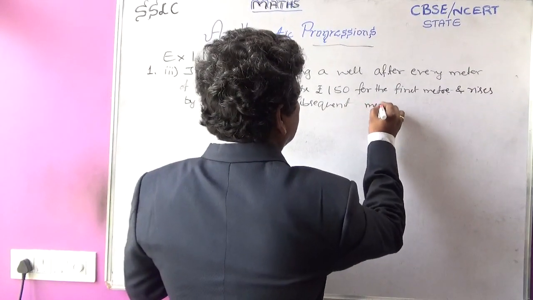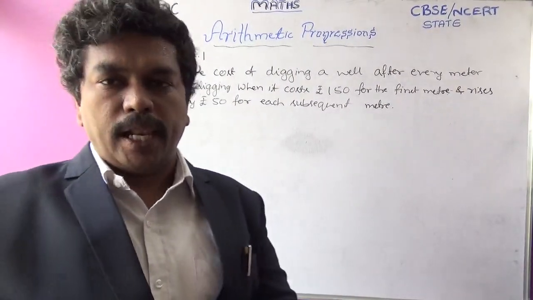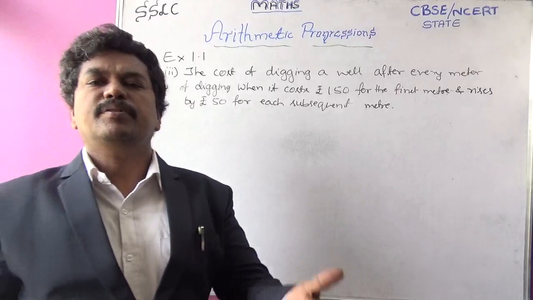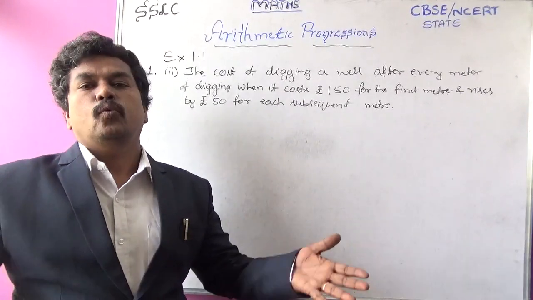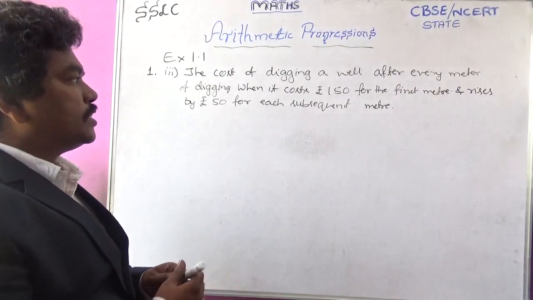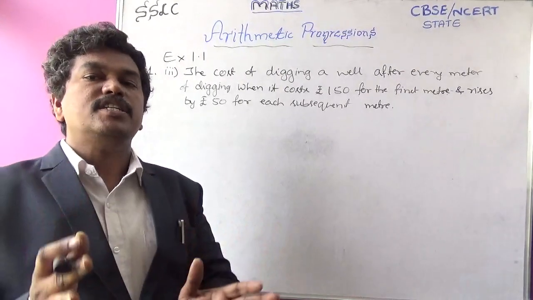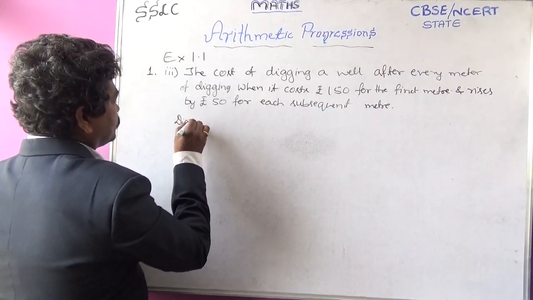So you observe here, there is the digging of a well. They start from the first foot, then the second foot, then the third foot, digging the well in the ground. So what is the first cost, for the first meter? You observe the digging cost.